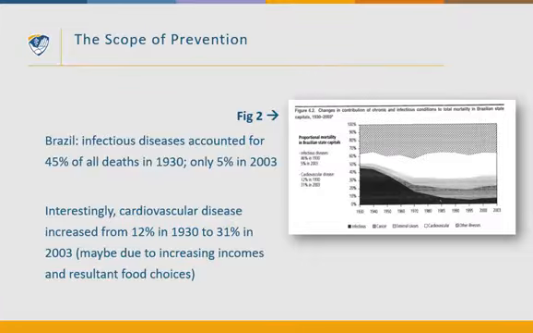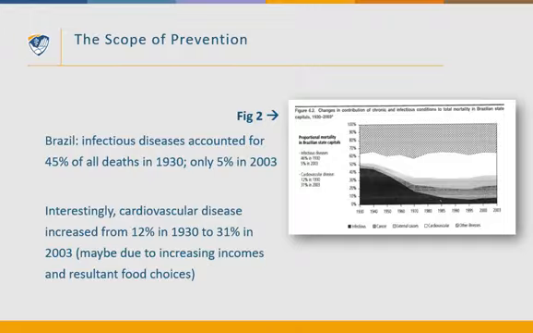Looking at Brazil here, infectious diseases accounted for 45% of all deaths in 1930, only 5% in 2003. So kind of showing a similar thing as the prior slide there. So a decrease over time. But what happens sometimes is we get improvements in one area, but other areas, something's got to get you, right?